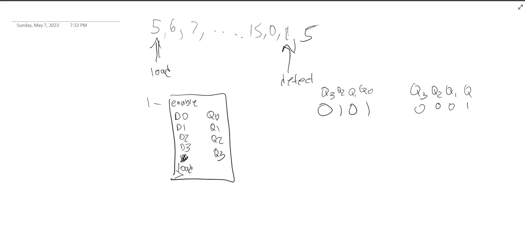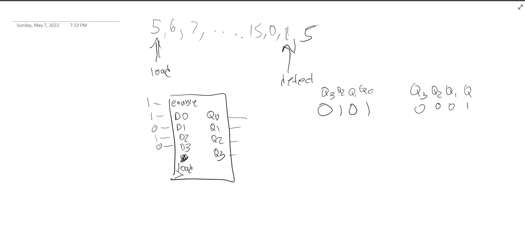We can't just detect a 1, because a lot of the numbers that we're going to count are going to have that 1 there before we actually get to 1. We will need to load a 5, so we'll need to load 0, 1, 0, 1. And then we want to detect when we get a 1.